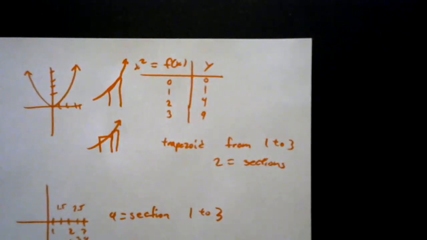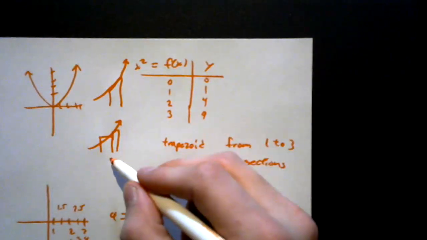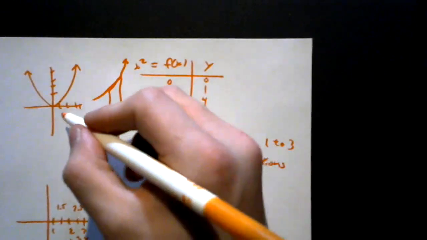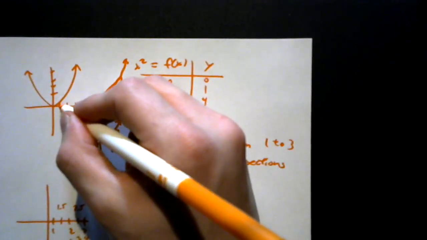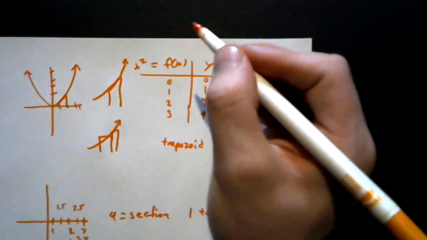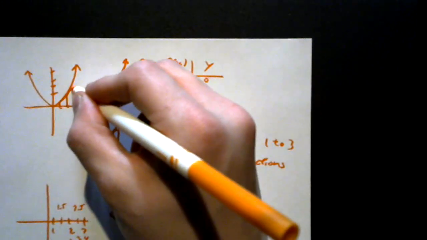So in order to do that, you have to know the sides on the left and the right. So you'd have to know from here to here and from here to here.